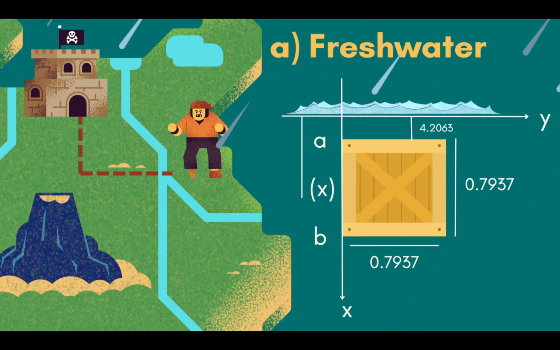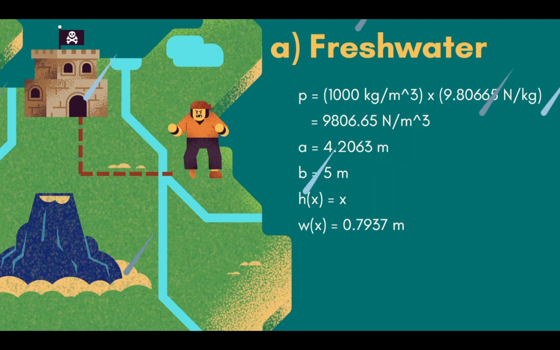Next is the fluid density. We were given that the density of fresh water is 1,000 kilograms per meter cube, but we need it in Newton per meter cube, so we multiply it by the gravitational acceleration, 9.80665 Newton per kilogram, which gives 9,806.65 Newton per meter cube.